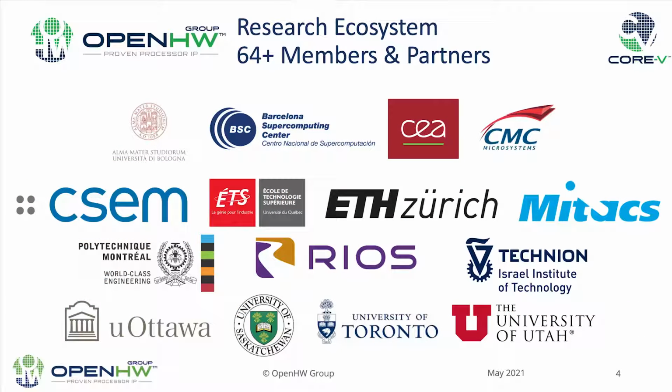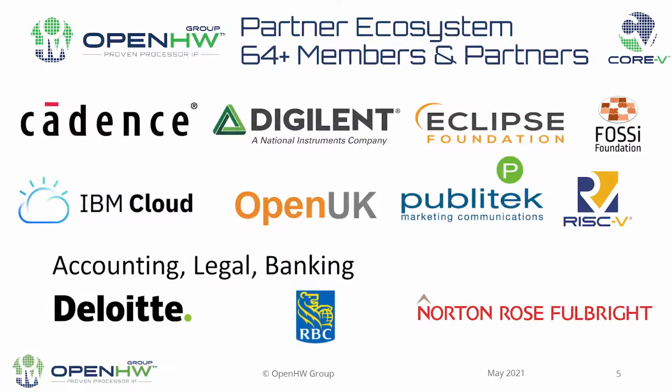And then on the academic front, many leading institutions that have global recognition for the research work that they do, and a number of very strong partners that help us curate and deliver the open source artifacts that we are working on within the ecosystem.